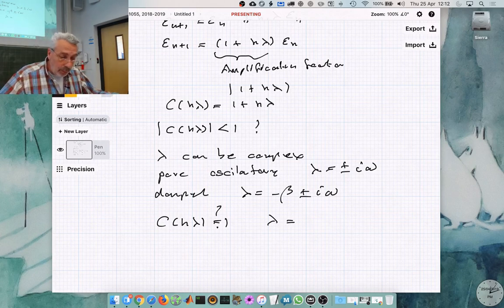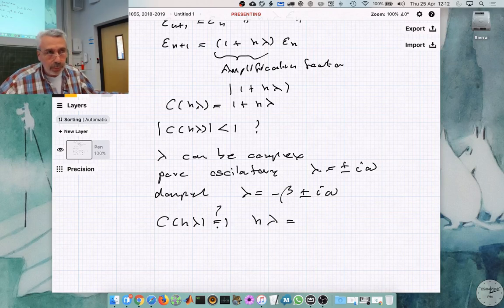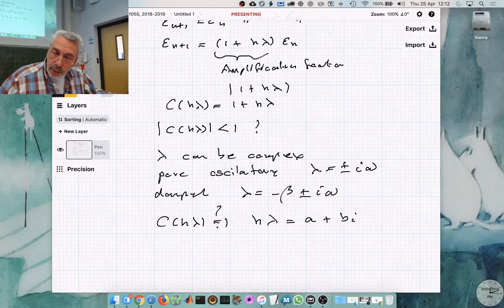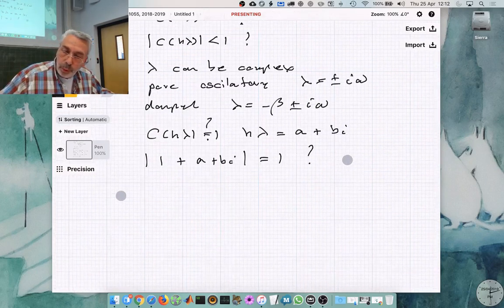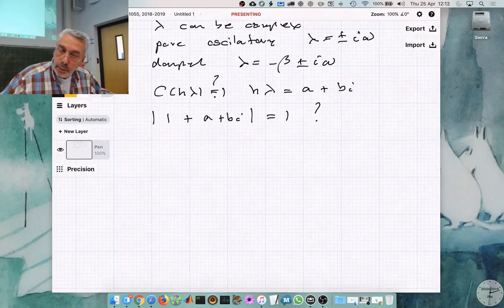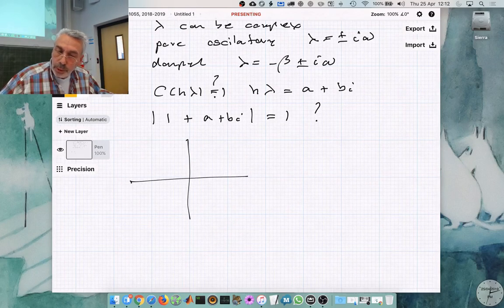For this lambda, we have to take a complex number, so for simplicity we say h lambda is a plus bi. Then we put that in the equation, so we get the absolute value of 1 plus h lambda, so 1 plus a plus bi. When is this 1? Now we have to plot that in the complex plane. So here's the complex plane.